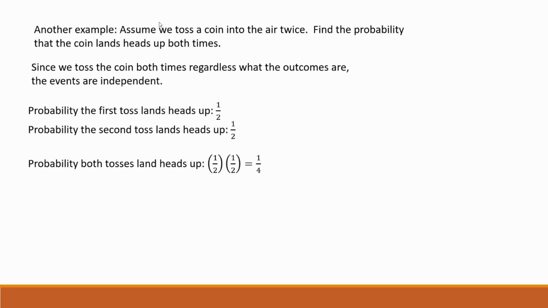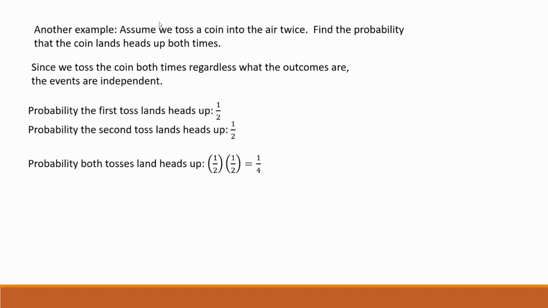It's not like if it lands heads up, then we have to toss the coin a certain way, or if it lands tails up, we toss it another way, if that makes sense. What I'm trying to say here is that both events are independent, first and second toss.